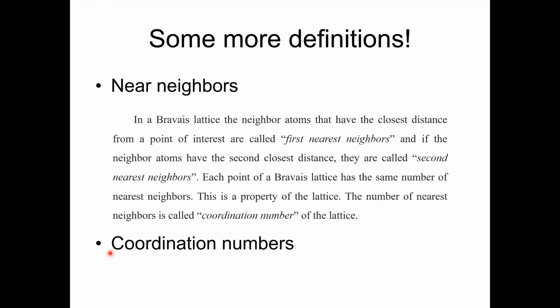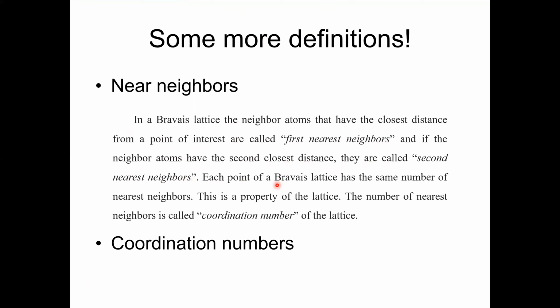Let's learn some more definitions. In a Bravais lattice, the neighbor atoms that have the closest distance from a point of interest are called first nearest neighbors. And if neighbor atoms have the second closest distance, they're called second nearest neighbors.